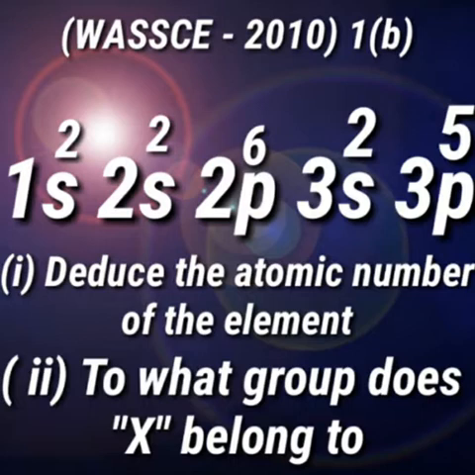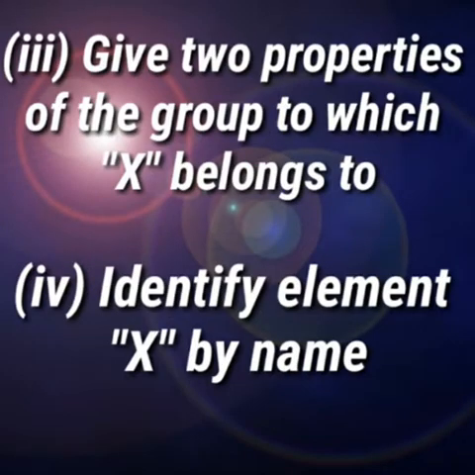Roman figure 2: to what group does X belong? Roman figure 3: give two properties of the group to which the element X belongs. Then Roman figure 4 says, identify element X by name.